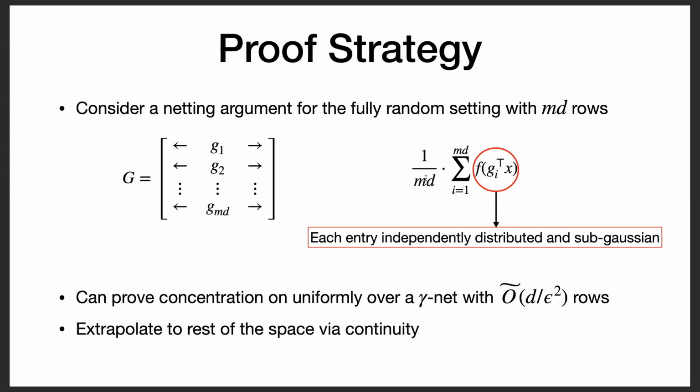And since you only have a sum of independent and identically distributed sub-Gaussian random variables, you can prove concentration over a gamma net with roughly d over epsilon squared rows. So in this case, roughly MD rows. And you can extrapolate to the rest of the space via a simple continuity argument.